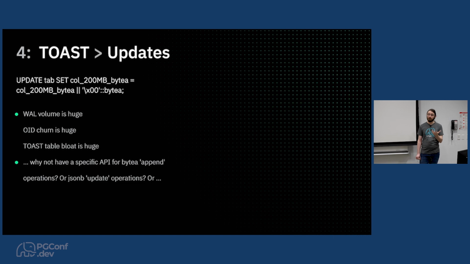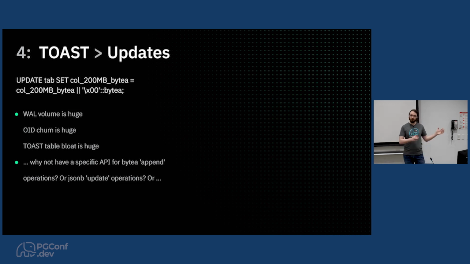The API, yes? The API, you mean a WAL log record, or what do you mean API? The internal systems to update a toast pointer to point from one value to another which has the additional data or the changes.